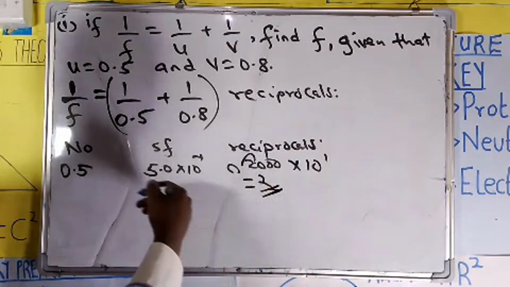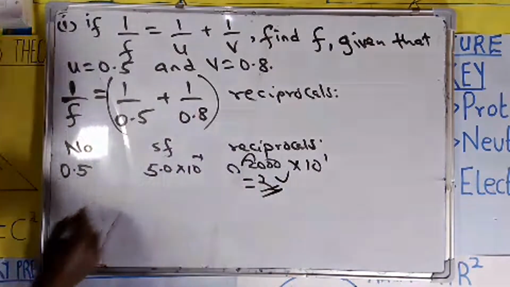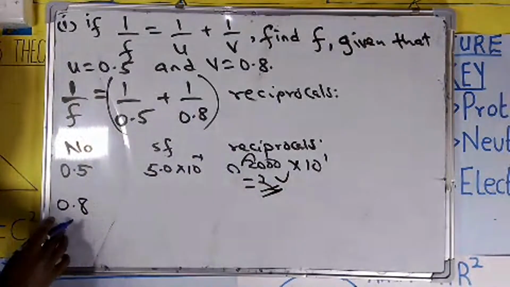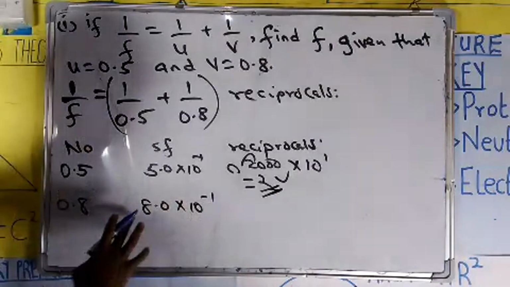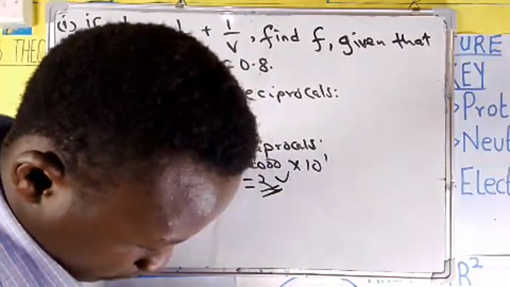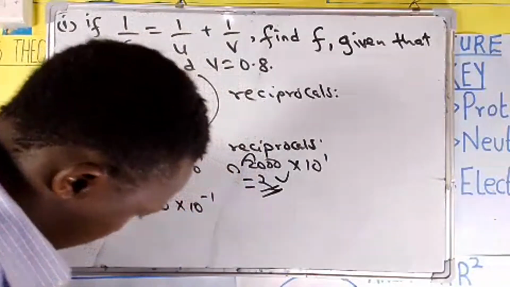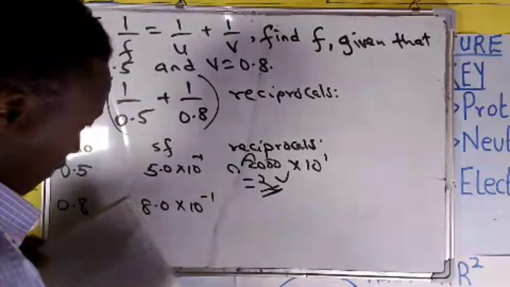So the reciprocal of 0.5 is 2. Then we go to the reciprocal of 8, so this one will be 8.0 times 10 to power negative 1. The reciprocal of 8 will be 0.1250.